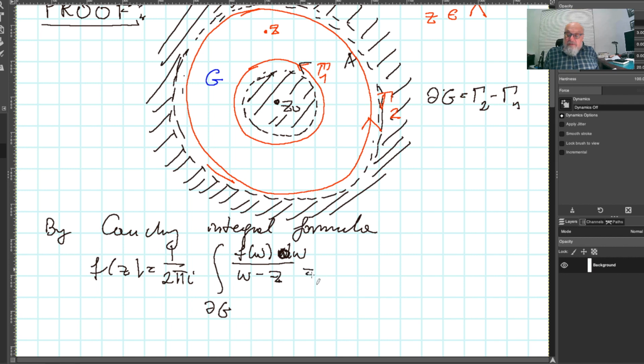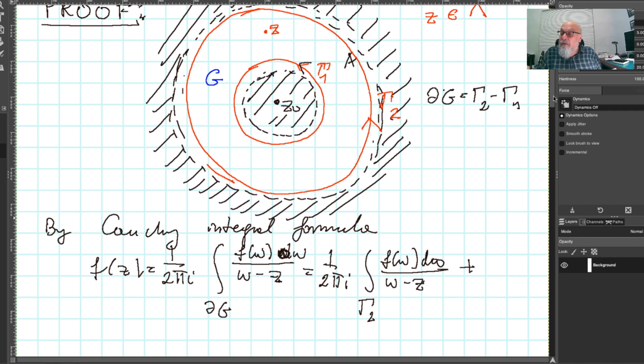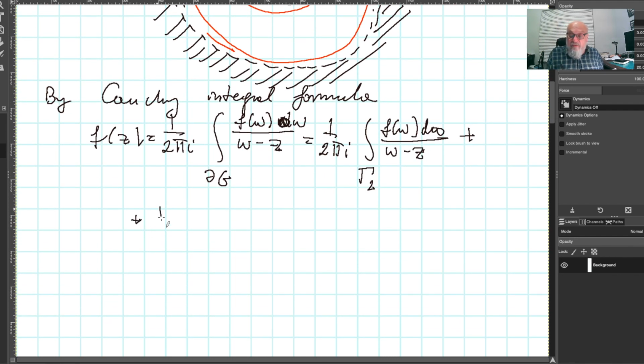Using the fact that the boundary is that one, and the properties of this integral, I can write it exactly as two integrals. The first integral will be around gamma 2, f of w dw divided by w minus z. And the second one will be plus 1 over 2 pi i, integral over minus gamma 1, f of w dw over w minus z.